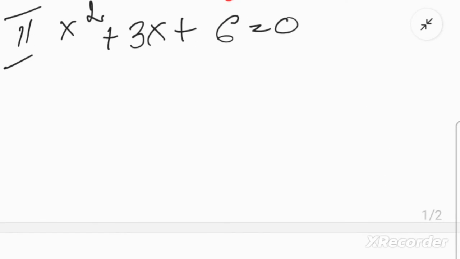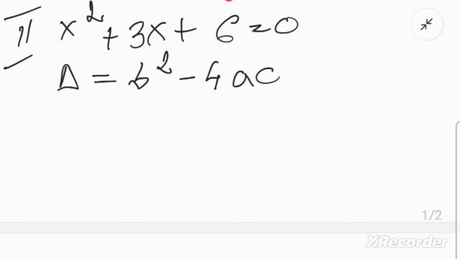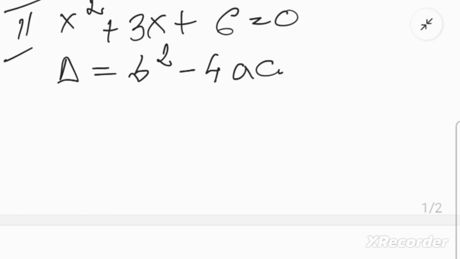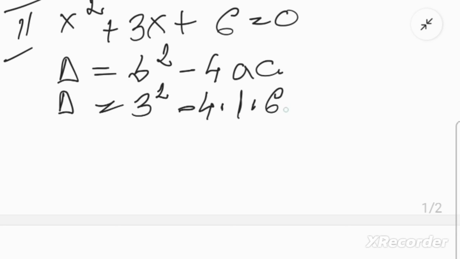In here, we are going to calculate the discriminant. So we have discriminant equals the formula b to the power of 2 minus 4ac. If we replace a, b and c, we have discriminant equals 3 to the power of 2 minus 4 multiplied by 1 multiplied by 6.